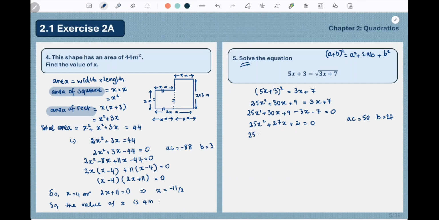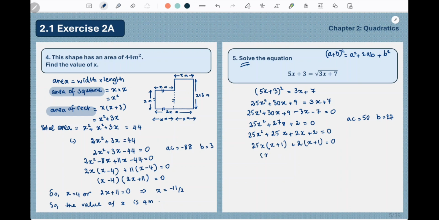So this is how I'm going to split this one: 25x plus 2x. Again, we split it in a way that allows us to have a common factor in the next step. So 25x(x plus 1) plus 2(x plus 1), right? There we go.